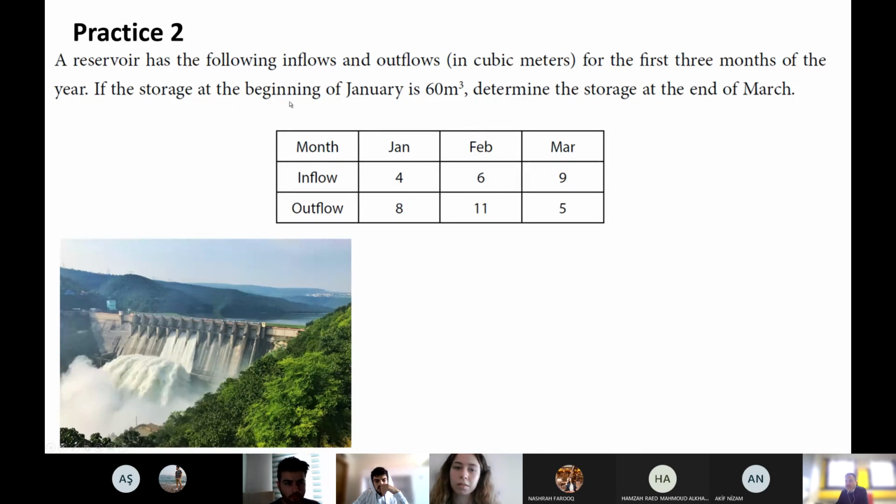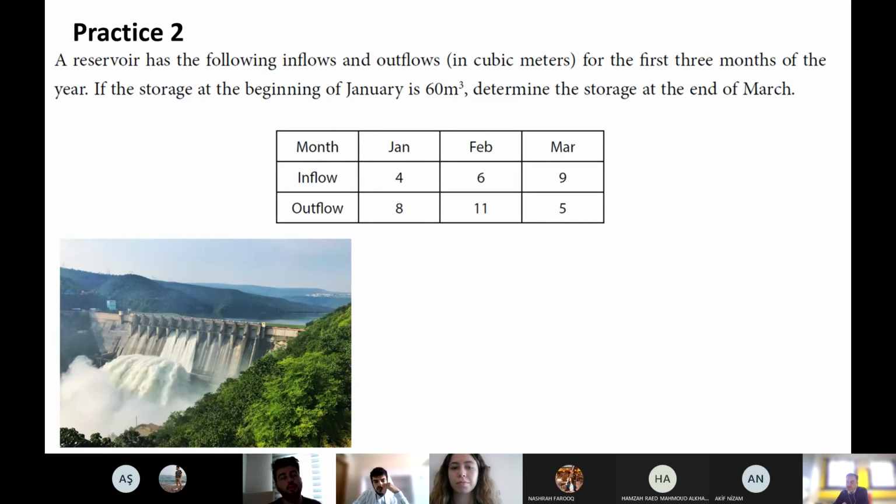If the storage at the beginning of January, the amount of water that we have in the reservoir at the beginning, is 60 cubic meters, determine the storage at the end of March. What will happen to the amount of water behind your dam?